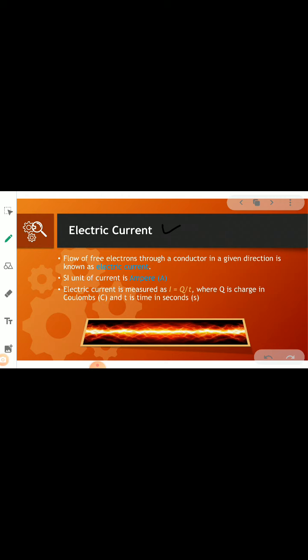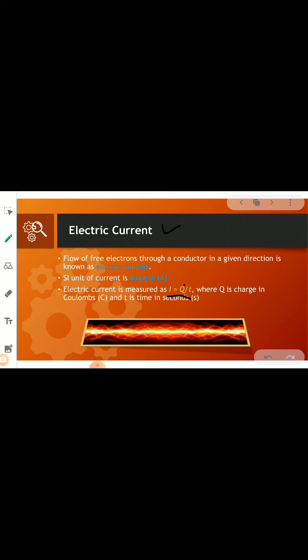Electric current is measured with the formula I = Q/T, where I is the electric current, Q is the charge, and T is the time.